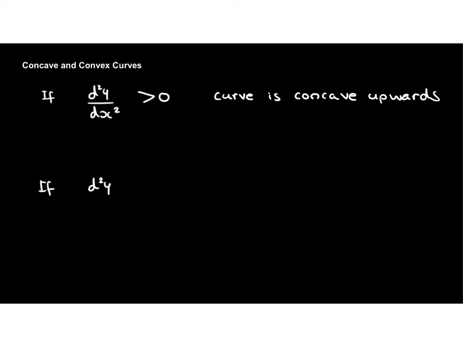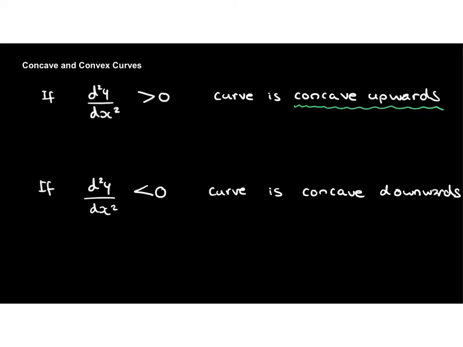If the second derivative is less than 0 for a portion of a curve, then this part of the curve is said to be concave downwards. Now, it's really important that we know this terminology.